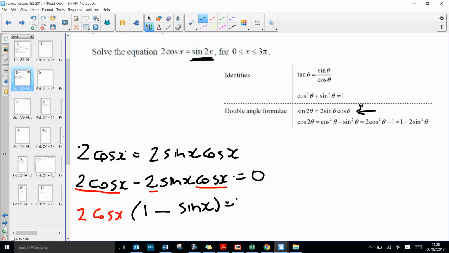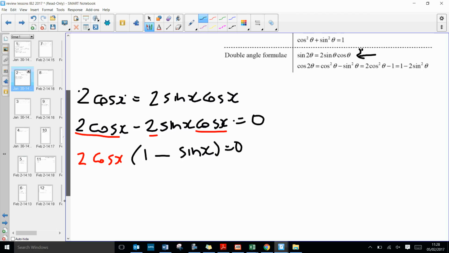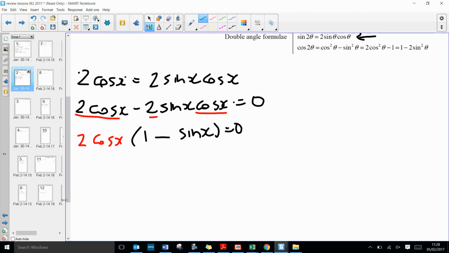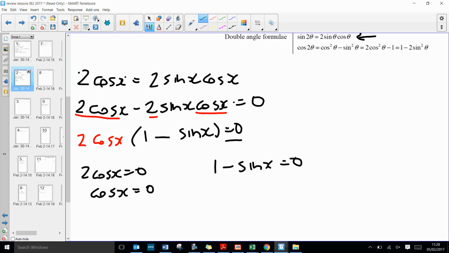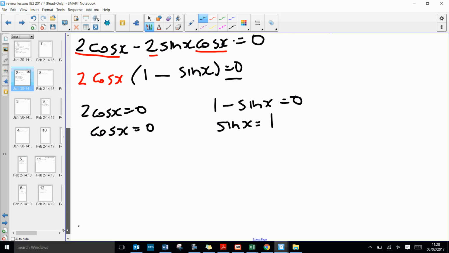And that's because the expression is equal to 0, it means that either 2 cos x equals 0 or 1 minus sine x equals 0. Well, if 2 cos x equals 0, then cos x equals 0, and this would be sine x equals 1.